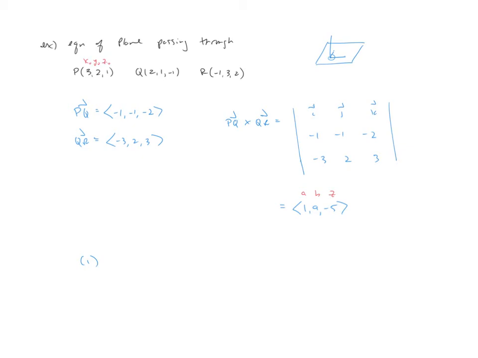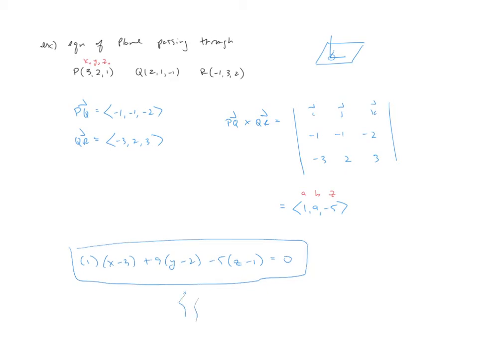So that's going to be 1 times (x minus 3) plus 9 times (y minus 2) minus 5 times (z minus 1). Set that equal to 0, and there would be our answer in terms of the equation of a plane passing through those points. Depending on what the homework suggests, you could simplify that down any number of ways.